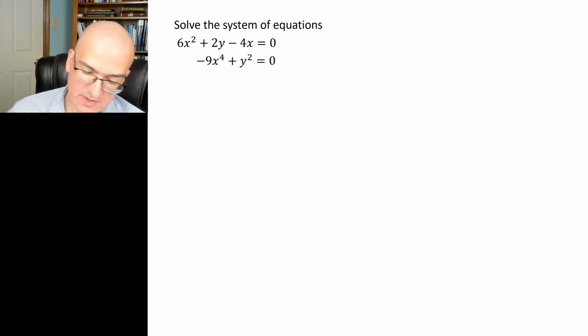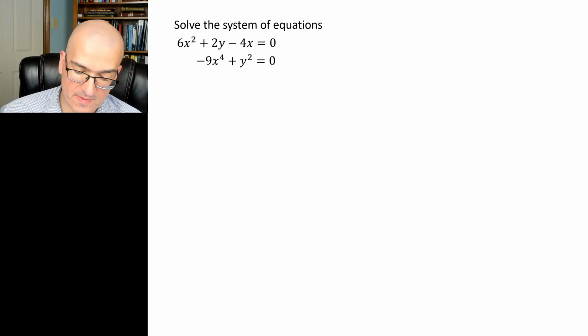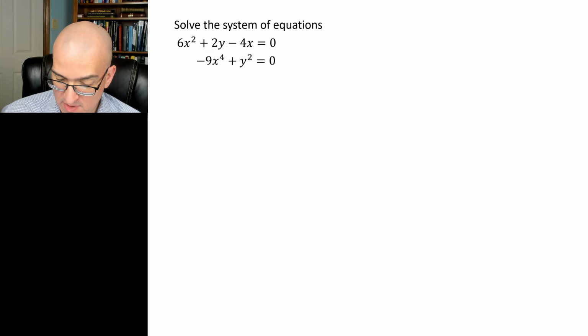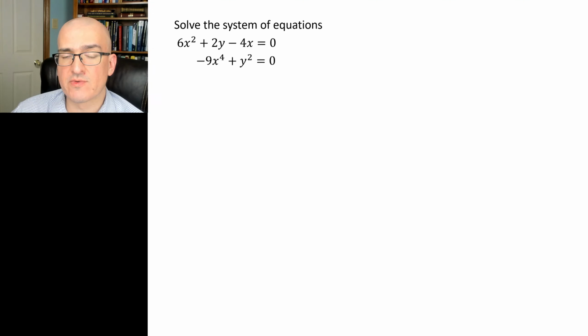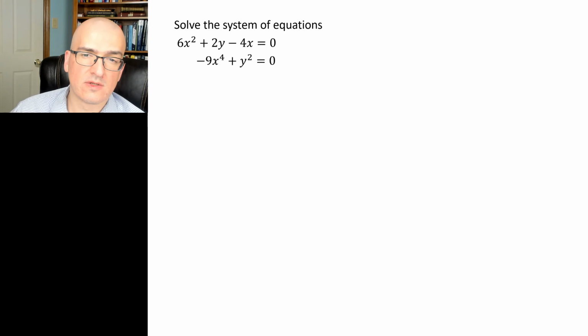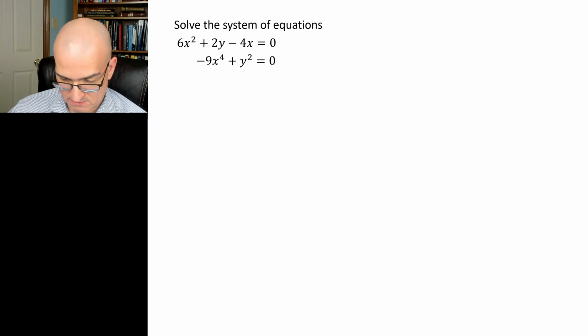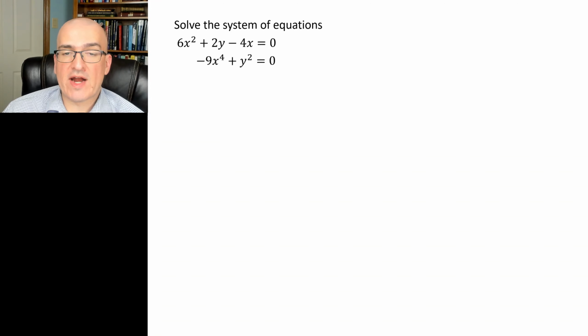So looking at this, we could, for example, take the first equation and rearrange it and get y all by itself. Or we could take the first equation and rearrange it, and I don't think we can easily get x all by itself. So you think about strategies like this. Can you isolate for one variable in terms of the other variable in either equation 1 or in equation 2? If you can do that, then that's probably a good way to proceed.